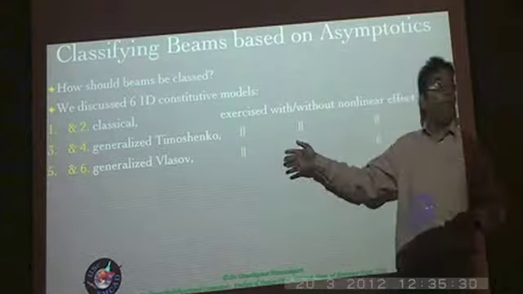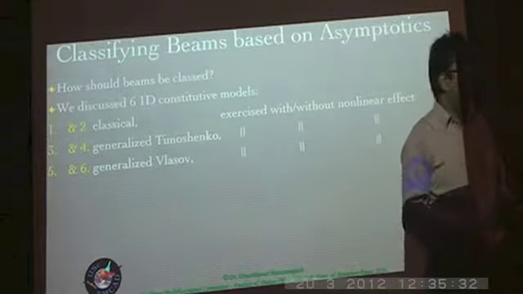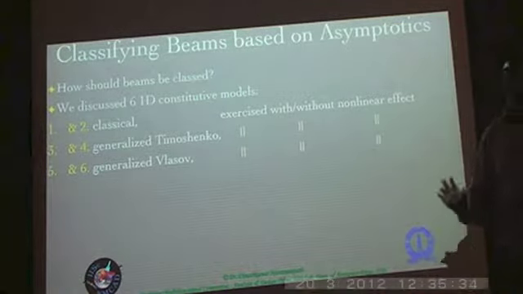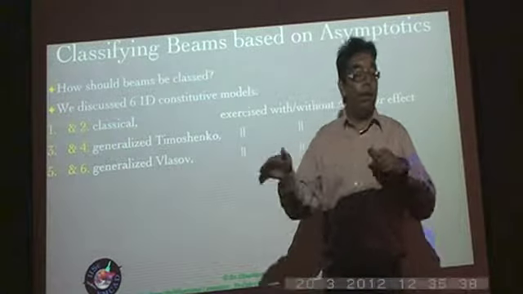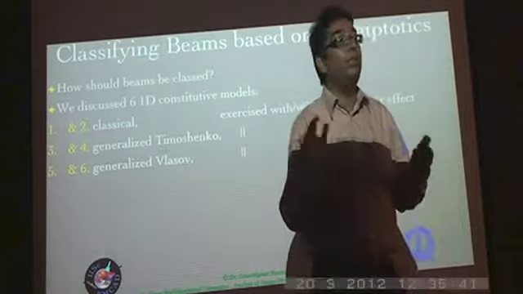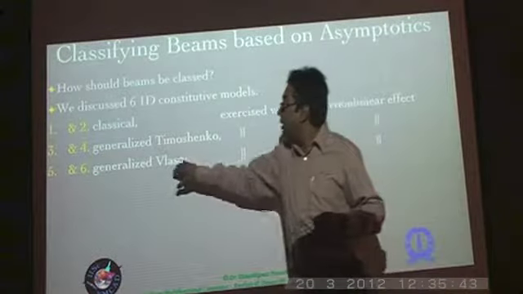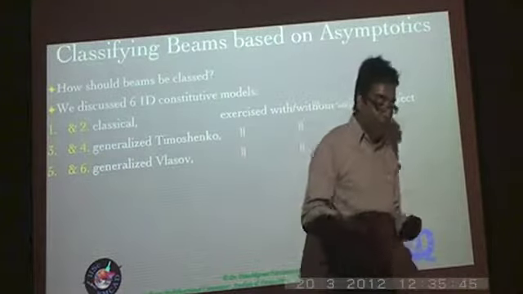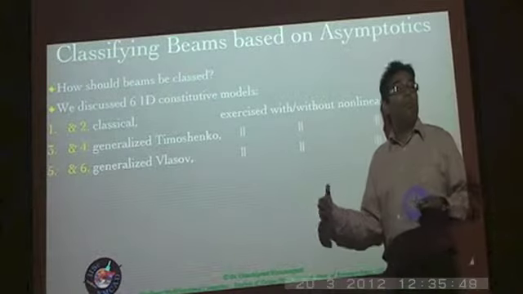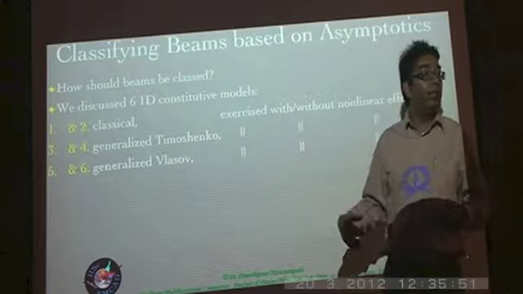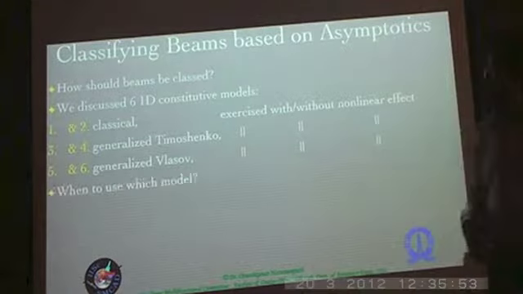Again, that can be exercised with or without the nonlinear terms, but most predominantly in the case of open cross sections, you will see that the order of magnitude of both are the same. That is, the nonlinear contribution and the Vlasov or restrained warping effect contribution, that is basically the kappa 1 prime contribution, will be of the same order of magnitude and therefore have to be considered simultaneously.